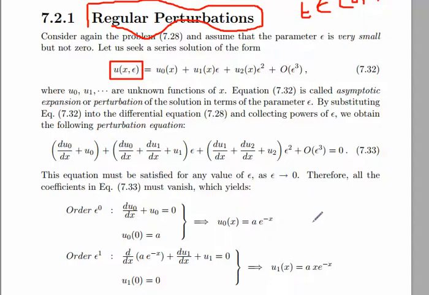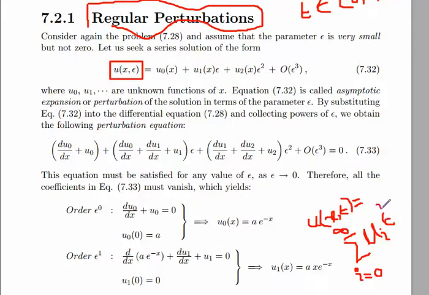The series will be like this: u(x, epsilon) is equal to the summation, with i starting from 0 to infinity, of u_i(x) epsilon to the power i.